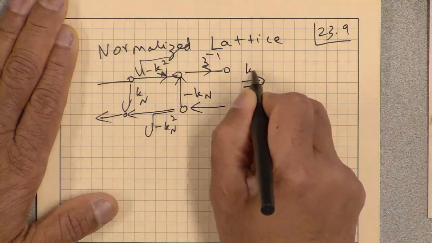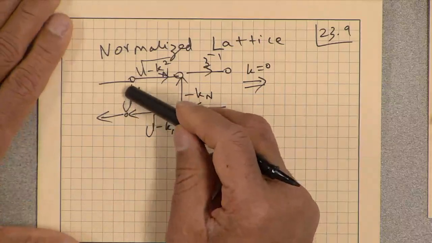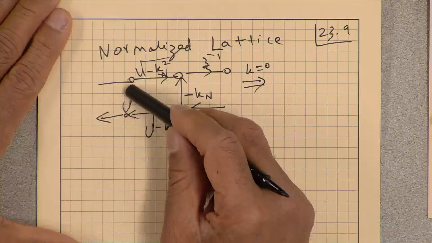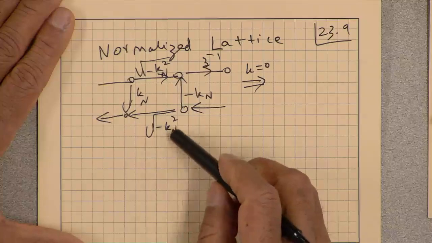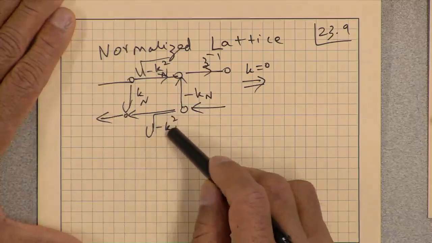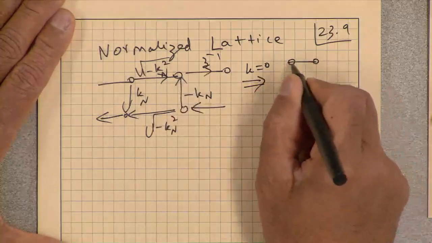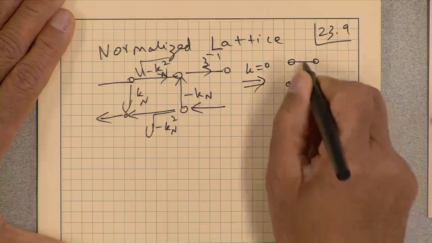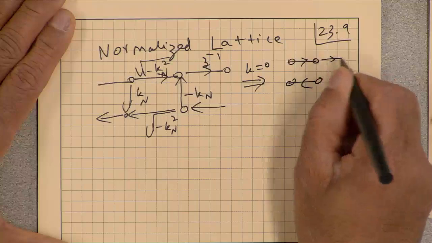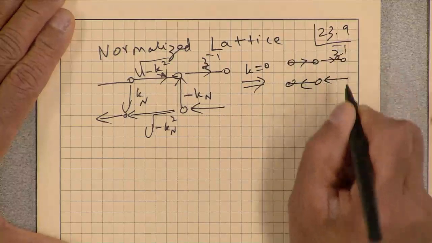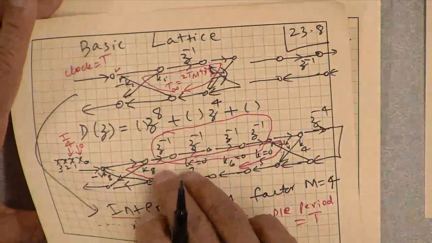If k is equal to 0, there is nothing being multiplied, so that quantity is 0 times something. I'm not adding anything anymore. Nothing being multiplied here. k squared is 0, 1 minus 0 is 1, square root is 1, so that path goes through itself. So essentially we have that path going forward, that path going backward, and then a delay. So once again, the same kind of stage as the basic lattice.